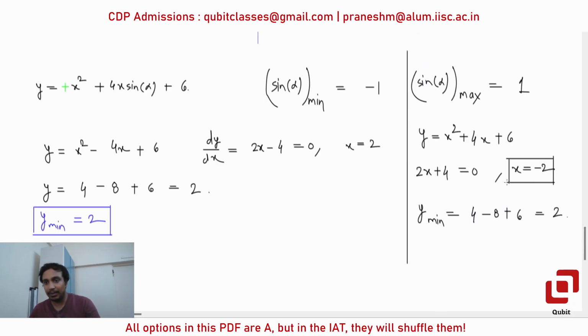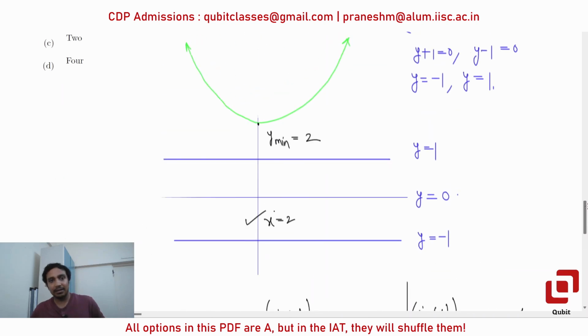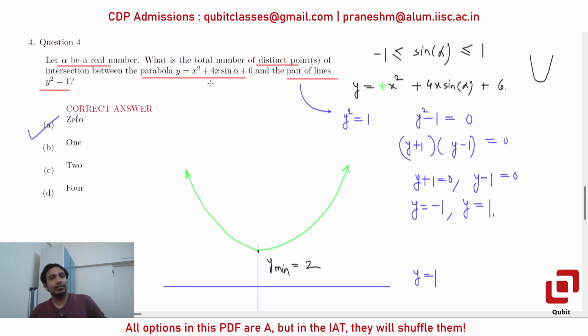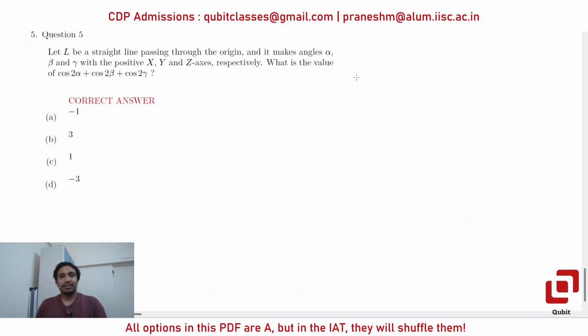On this side we got minus 2, and on this side we had got plus 2. Which basically means that the graph of x squared plus 4x sine alpha plus 6 never meets the upper line also. Forget about the lower line, and therefore no points of intersection of the parabola with the pair of lines.